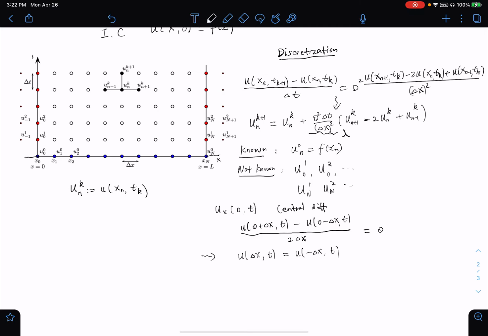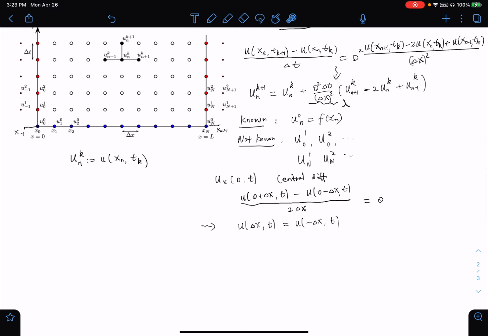So we also do not have the point x_{n+1} or the point x_{-1}. But let us just, for now, pretend we have a fictional grid to the left and to the right of our interval. And then, using this equation we just obtained by discretizing the boundary condition, we can actually estimate this value.